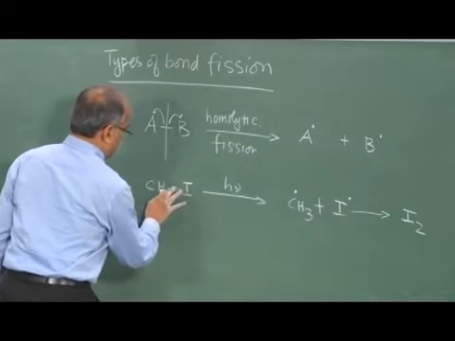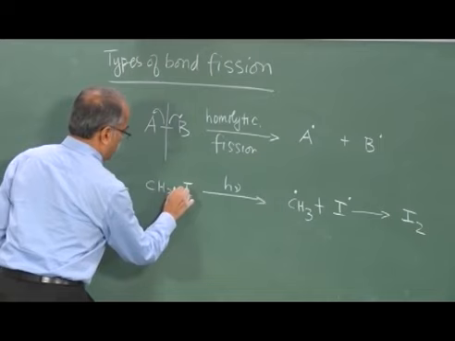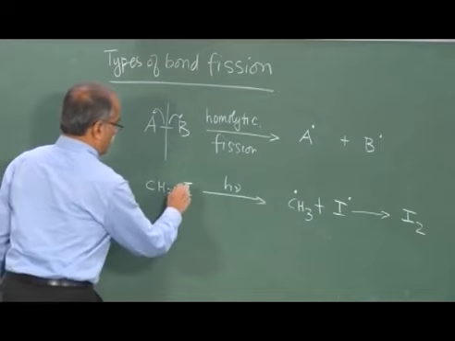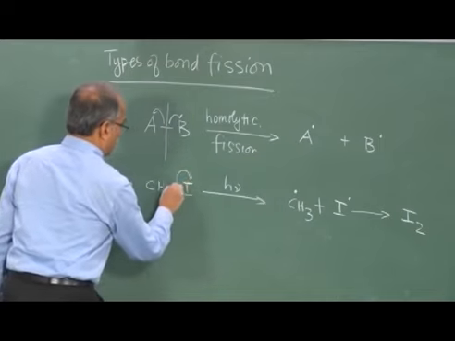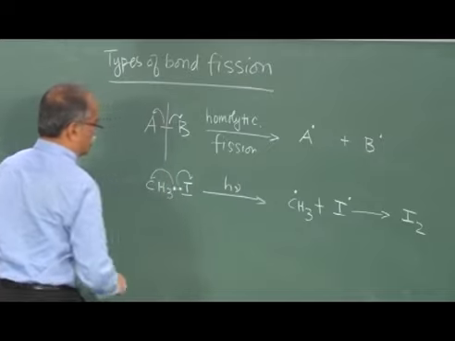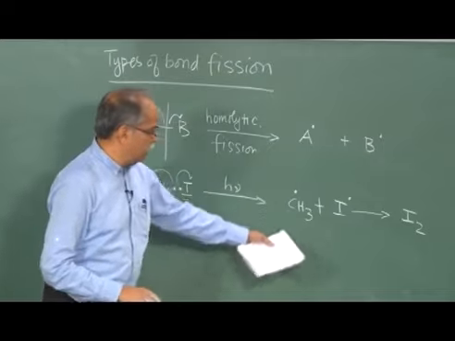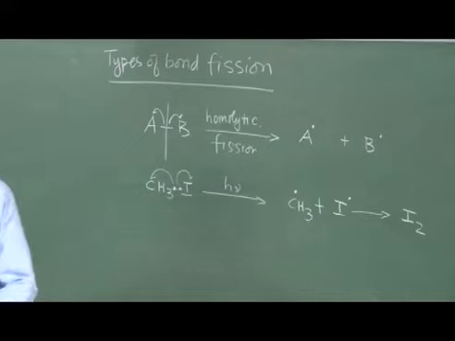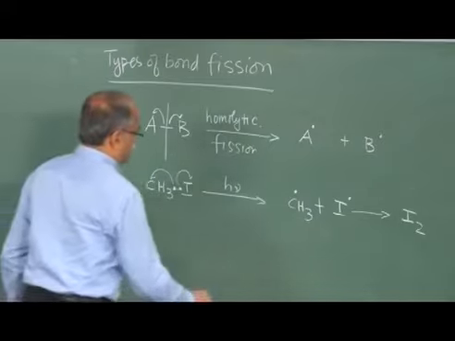The pair of electrons that was originally present in the bonding orbital, one of them goes to iodine, the other one goes to the carbon. So, the carbon now is devoid of an octet, it has only 7 electrons and that is why it is called a radical.